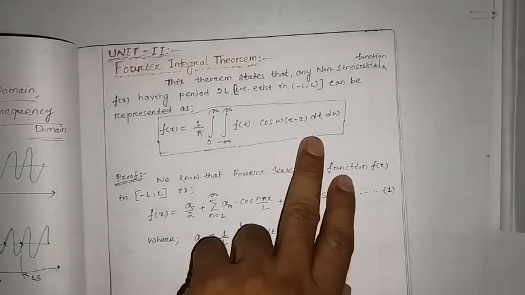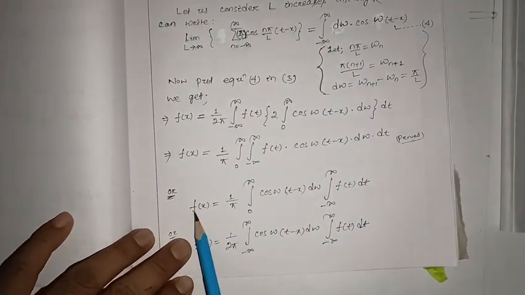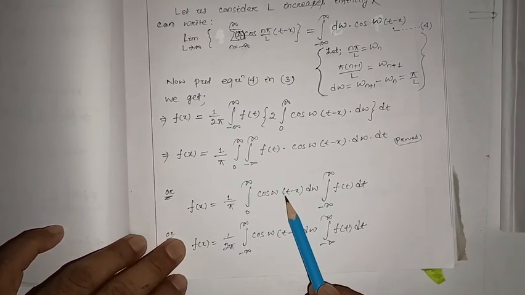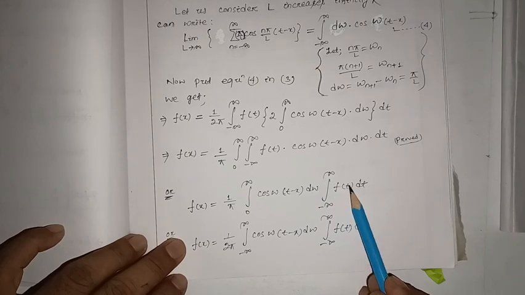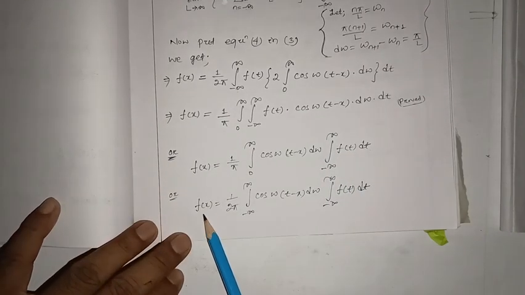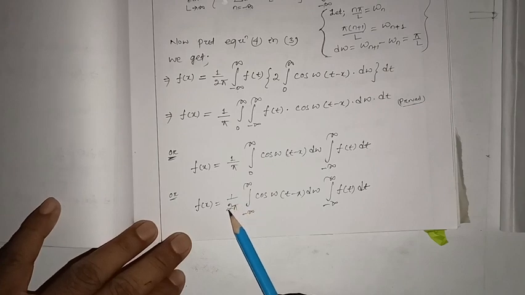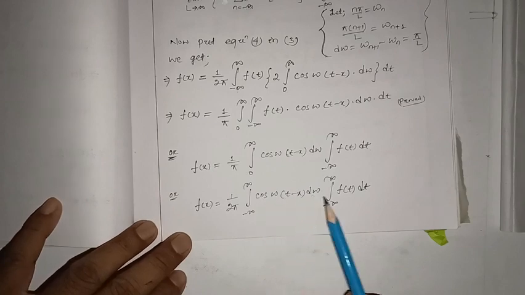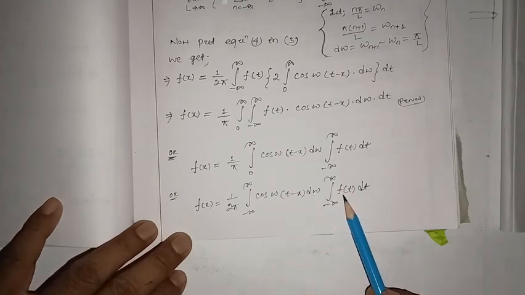This theorem can also be written in this style: f(x) equal to 1 by pi integral from 0 to infinity cos omega (t minus x) d omega integral from minus infinity to plus infinity f(t) dt. Or we can write f(x) equal to 1 by 2 pi integral cos omega (t minus x) d omega integral from minus infinity to plus infinity f(t) dt.